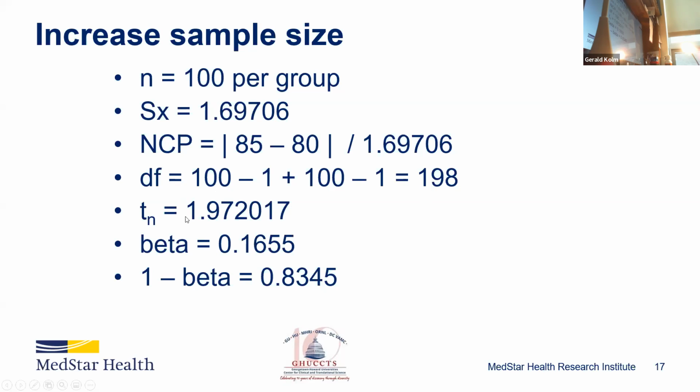For this t value in our non-central distribution of 1.97, the beta probability is 0.17. And so 1 minus beta, which is our power, turns out to be 0.83, which is a vast improvement from our sample size of just 10. So you can see that this is the way that we want to go to increase power: increase our sample size rather than increasing the alpha error rate.